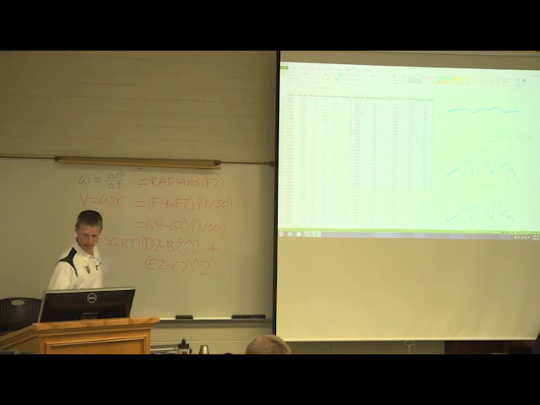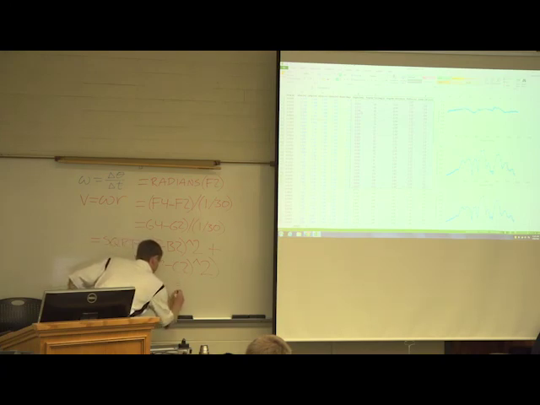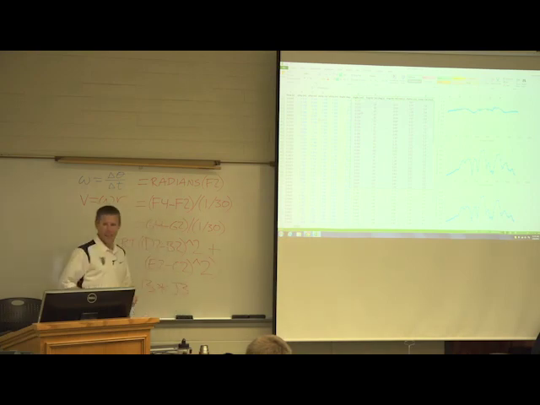Then the last one will go in row 3, and it'll equal I3 asterisk J3.